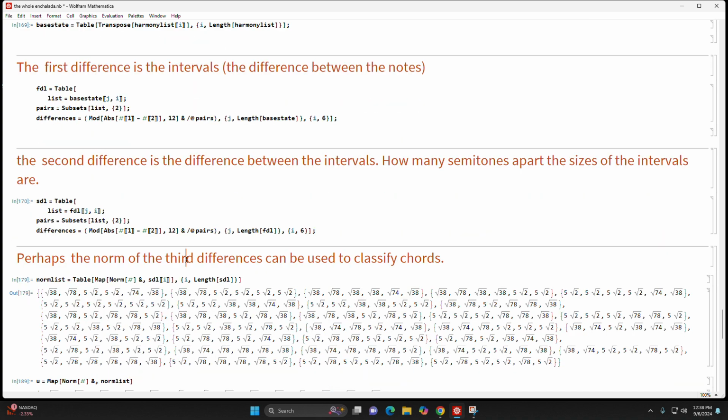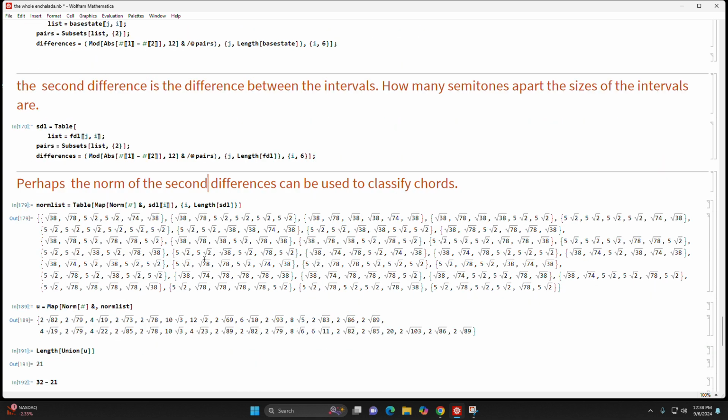And this should say second difference. And you can take things like the norm of the second differences and use them to pattern match or quantify, I guess that's the word, the chords and their harmonic structure.